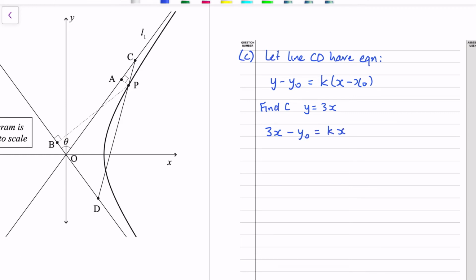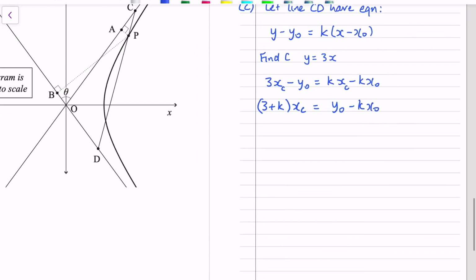Yep, I've subbed it in this time. Last time I made y the subject of both of them, but it doesn't really matter. If I sub that in, 3x into the y value. And remember that this is the x value of C we're finding. So xc is this.